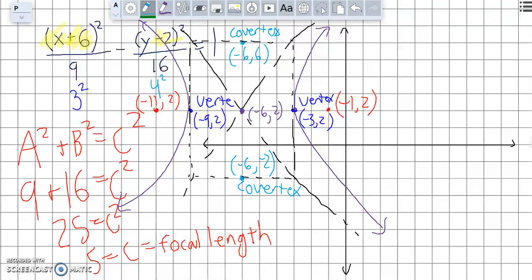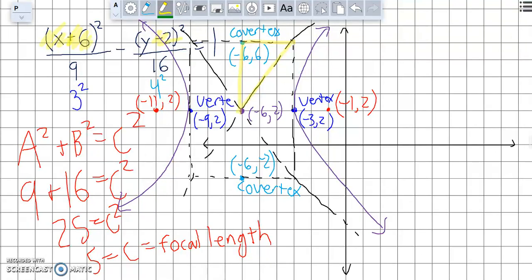The covertices don't really have anything to do with it, graphically, other than they help us figure out the asymptotes. The asymptote is this thing that I know the slope of because I know that I go rise 4, run 3. So in that sense, the covertex does help me figure out the asymptote.